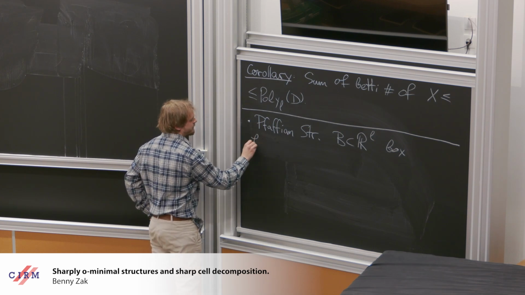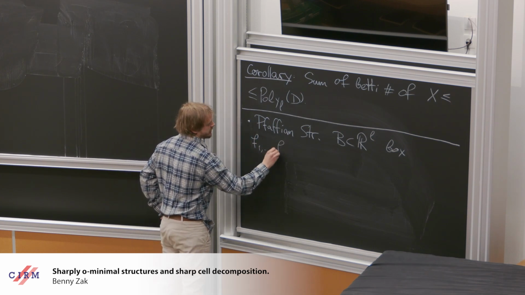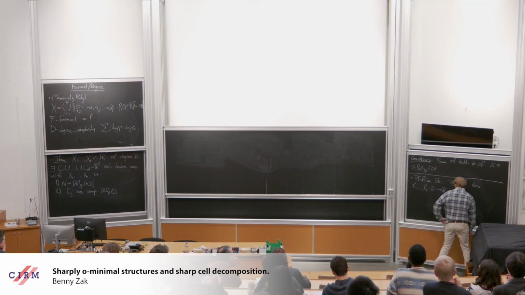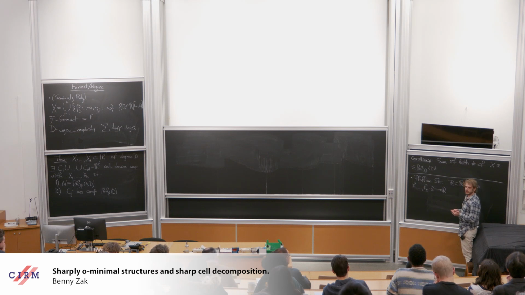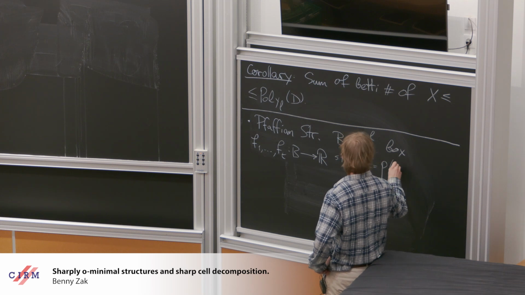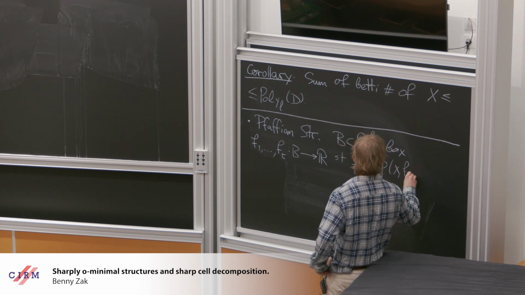If you have a sequence of functions satisfying a triangular system of differential equations, what does this mean? This means that if you look at the function fi and one of its derivatives, it's going to be a polynomial in x, f1 up to fi.